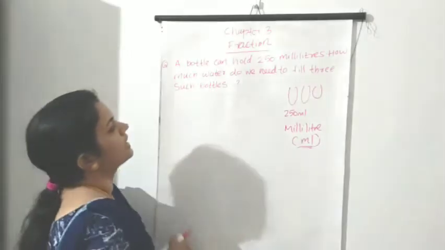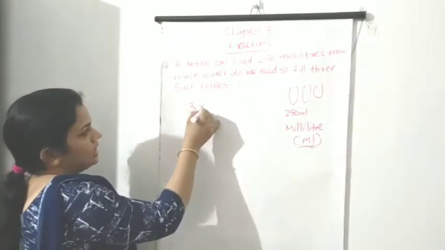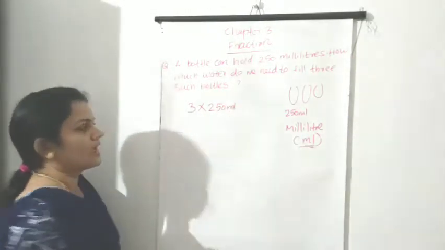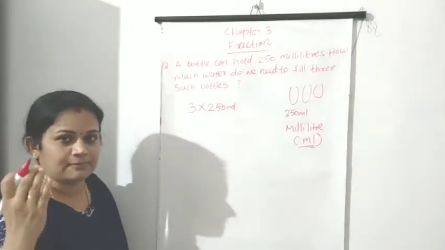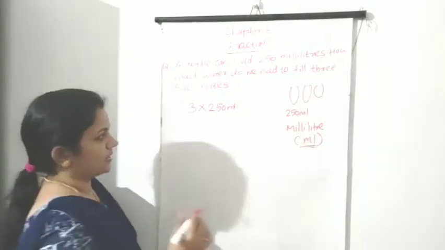250 milliliter. So we can write 3 bottles, 3 into 250 milliliter ml. Okay, we already know the multiplication tables. So we can use the multiplication table of 3 here.